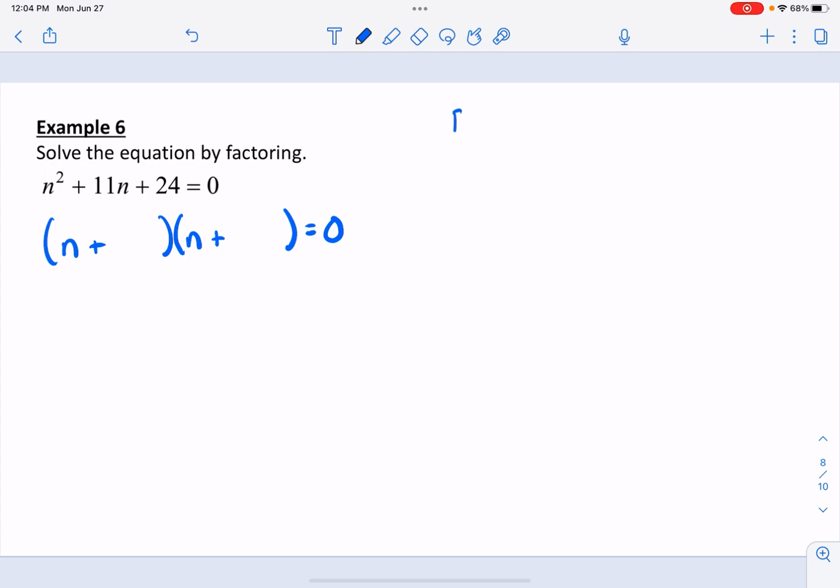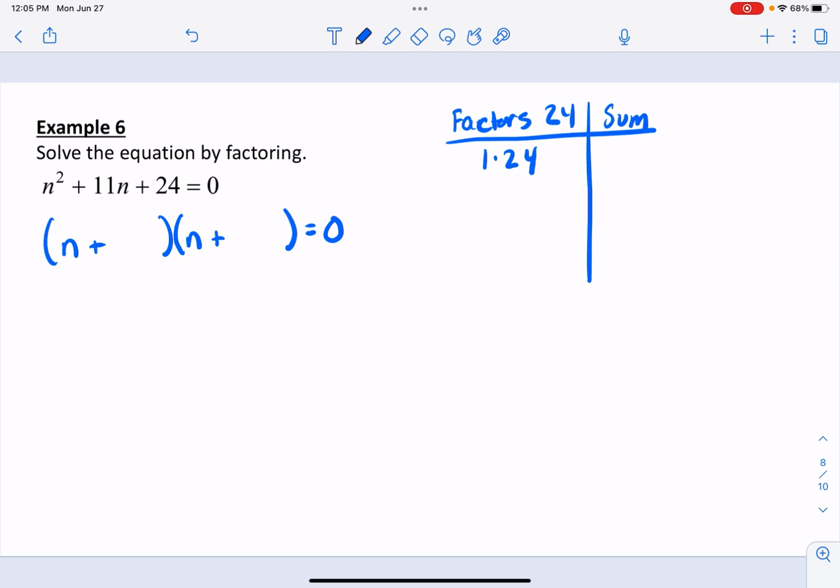So factors of 24, they're going to add to be 11. 1 times 24, that's rarely one of them. I think we already did this one. 3 times 8, well, that is going to be 11. So one of my factors is plus 3. One of them is plus 8.